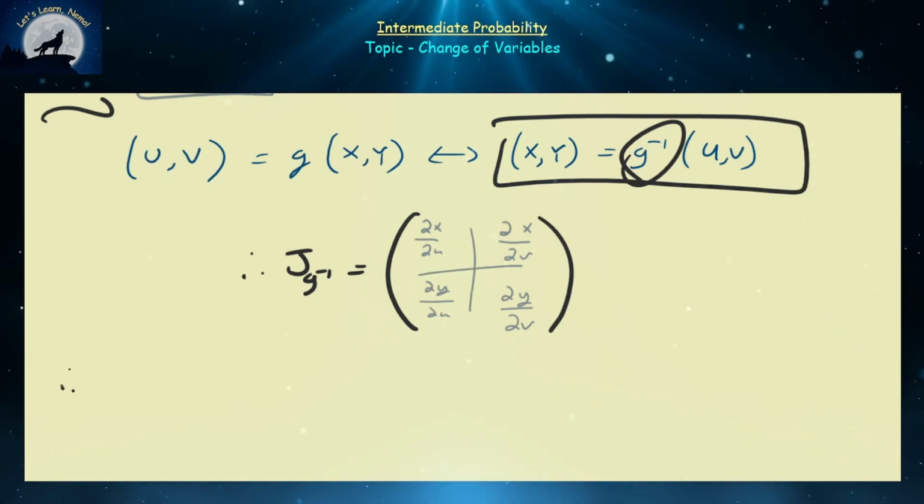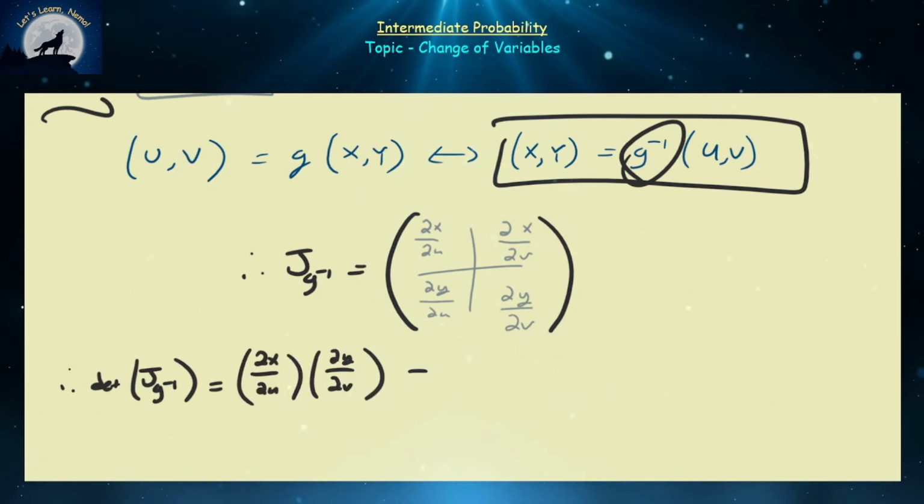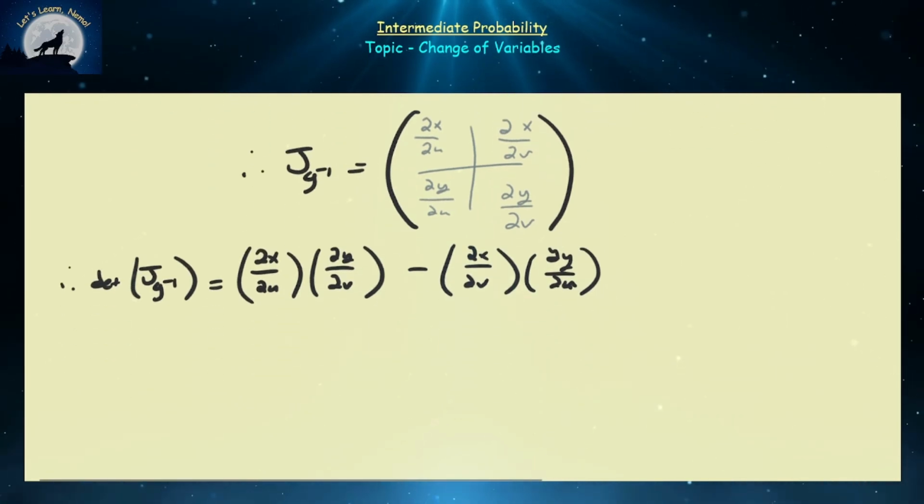And then the determinant of that Jacobian will be equal to what? That's going to be equal to AD minus BC, so partial x, partial u, times partial y, partial v, minus partial x, partial v, times partial y, partial u. And that would be the Jacobian for that particular matrix.